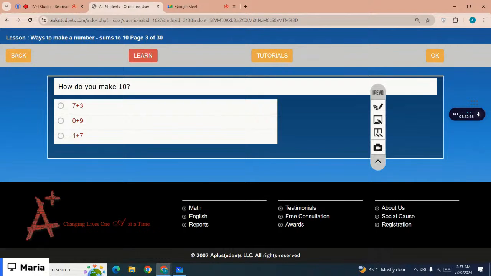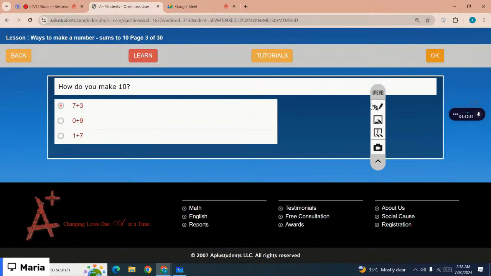How do you make 10, which is the correct option? Yes, that is option number 1. 7 plus 3 makes 10.